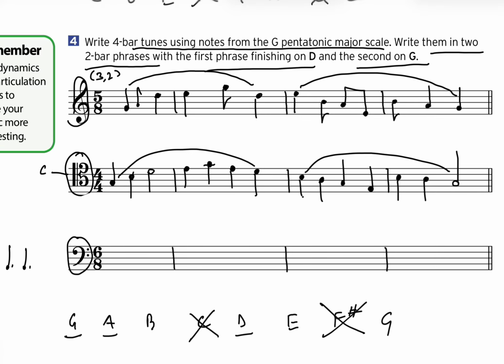So let's start from B. So we take B, and then let's make it go to D, and then we can go to G, D back, finish this, the dotted note.